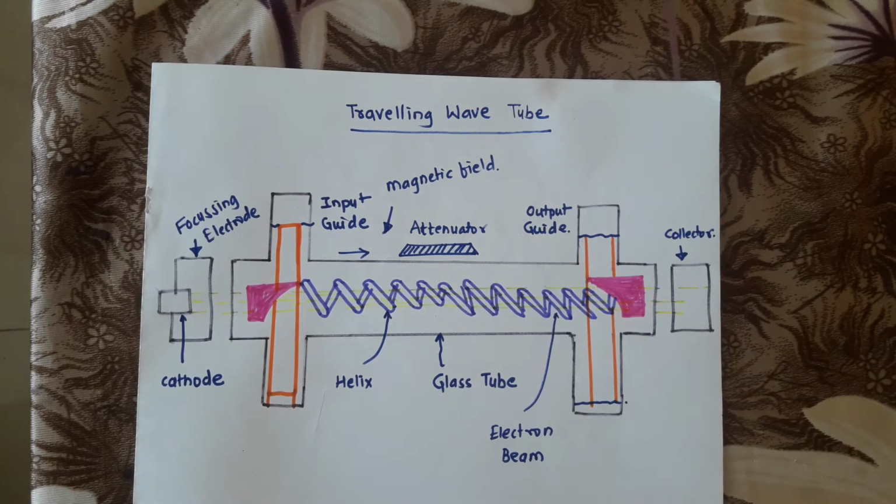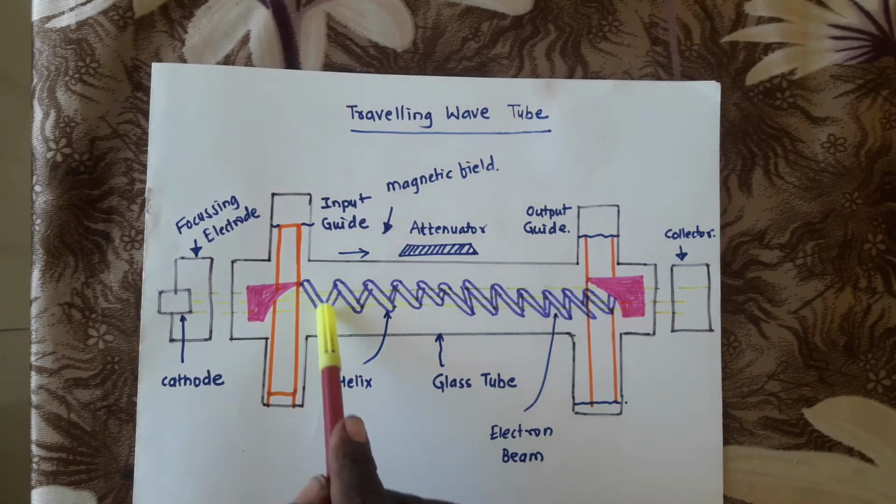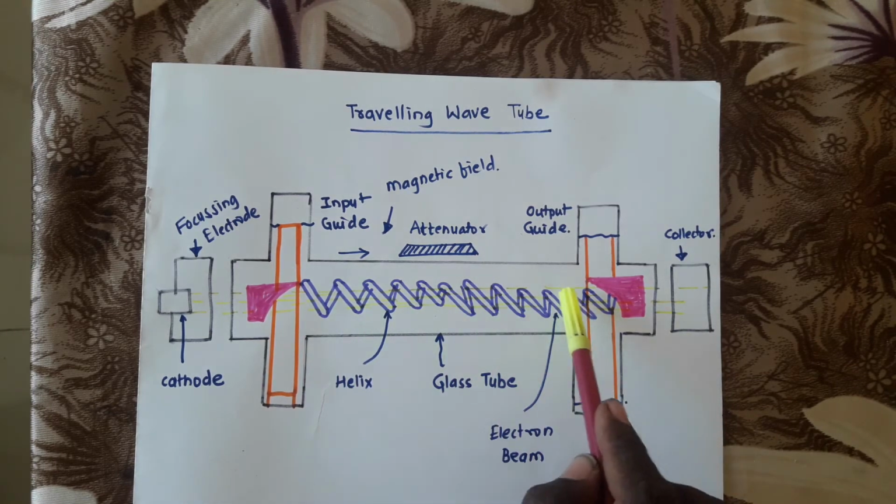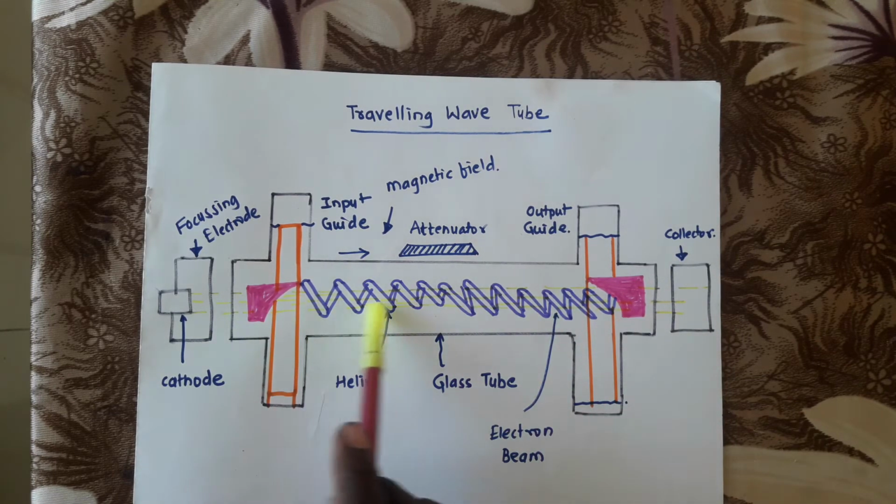Now talking about the fundamentals of TWT, in order to prolong the interaction between the electron beam and the RF field, it is necessary to ensure that both are moving in the same direction and with approximately the same velocity. So the speed of the RF field and the speed of the electrons should be the same, in order to keep the amplification process synchronized.